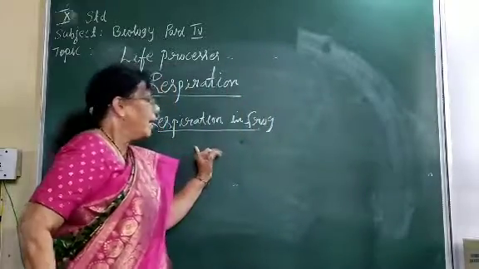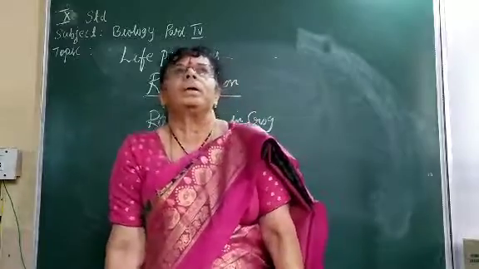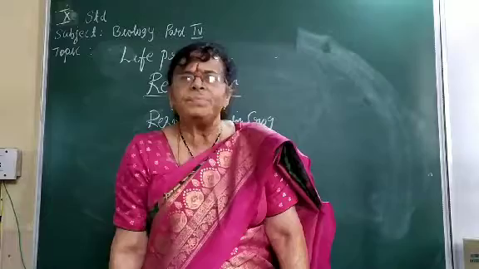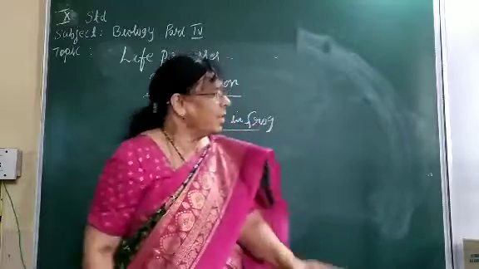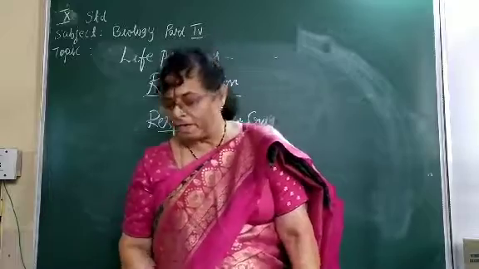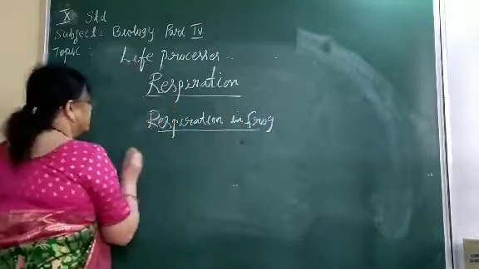Actually, the amount of oxygen that the frog gets by lungs is not sufficient for it. So the frog is designed to have 3 types of respiration. In frog, we can observe these 3 types of respiration.